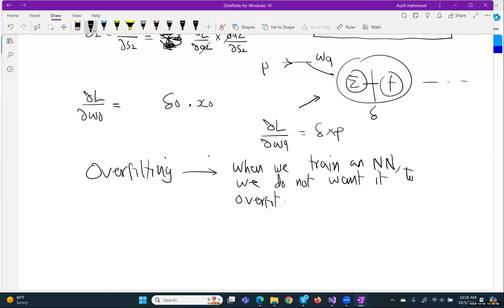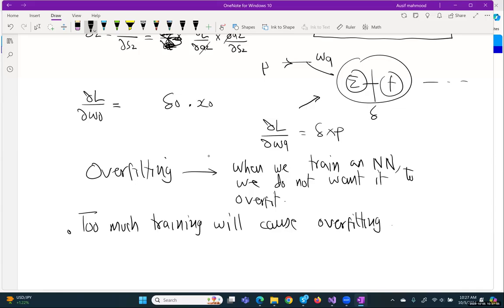And how do we know that it is overfitting? So basically, too much training will cause overfitting. So that's a general rule. You don't want to train it too many times in that loop.